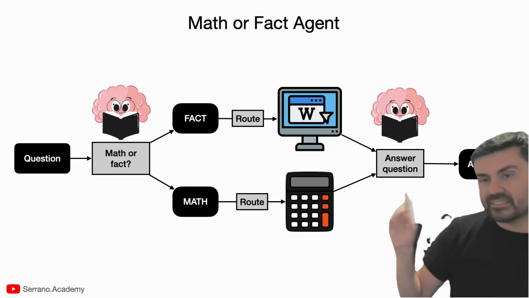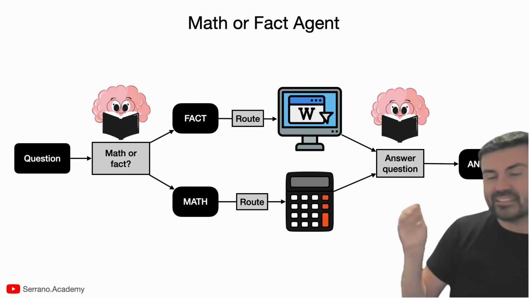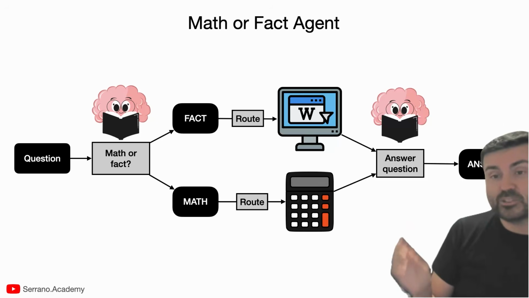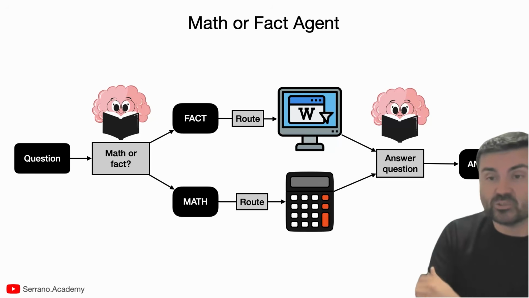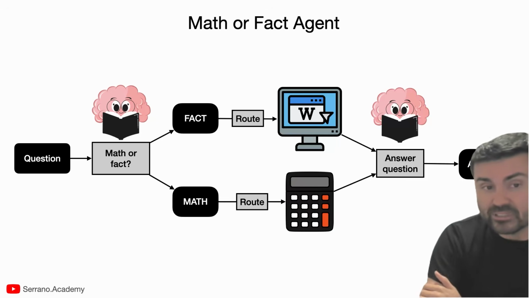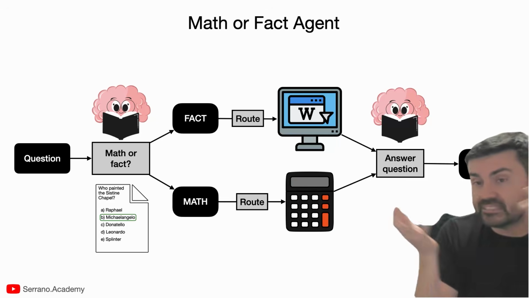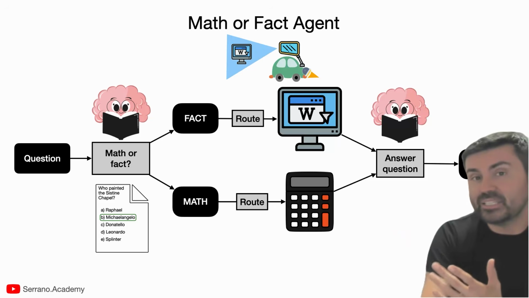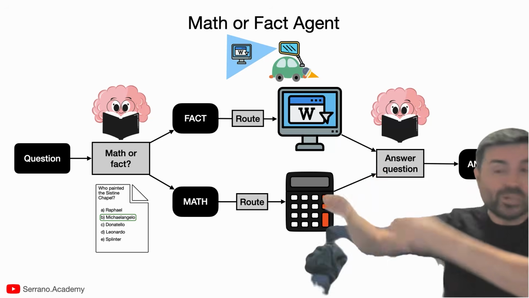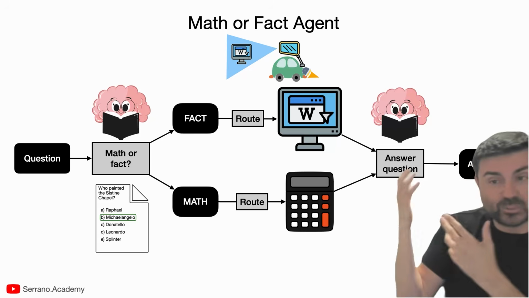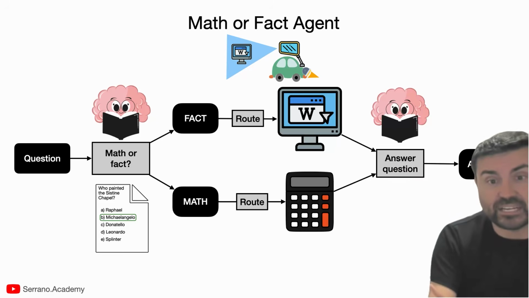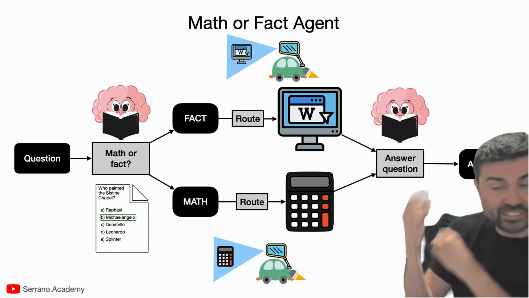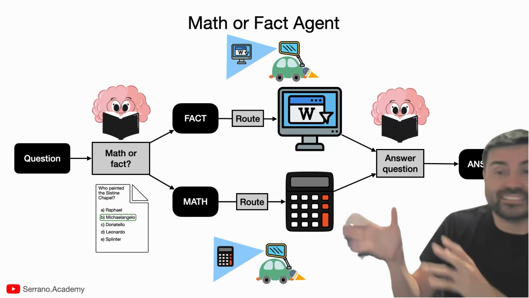Now notice that this agentic system has a very important property, which is that every time you use an LLM, you emphasize on the strengths and not on the weaknesses. So for example, the router is asking a multiple choice question. That's easy for an LLM. That's the first thing we saw. Multiple choice questions are easy. The Wikipedia agent is answering a question with the stuff that's on the rearview mirror, which is the Wikipedia results. So it's using its strengths. The calculator agent is answering a question with the results from the calculator app. So it's using its strength, which is the rearview mirror.